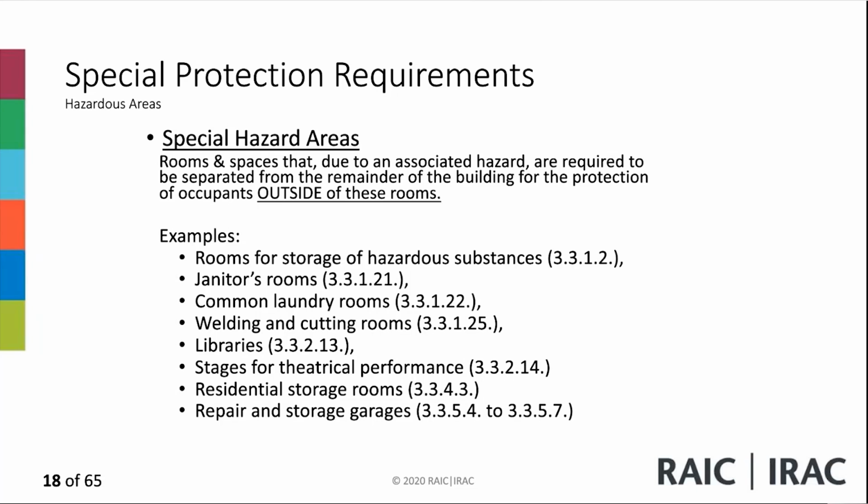So if you're looking at the separation of suites, 3.3.1.1, you have some provisions related to the suite separations from other building areas and between other suites. And if you look at 3.3.3, you've got provisions related to separation of dwelling units. Okay, thank you. You've got to look at the whole code in general. Yeah. Okay.